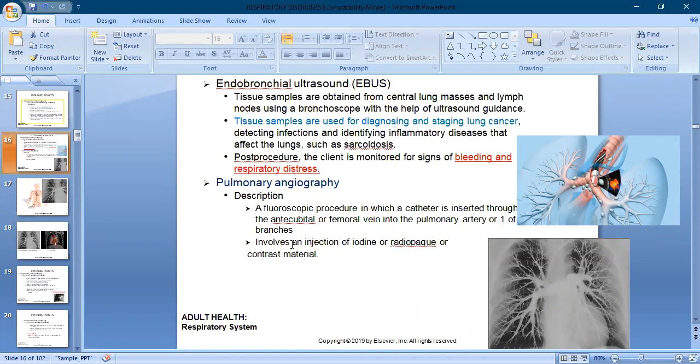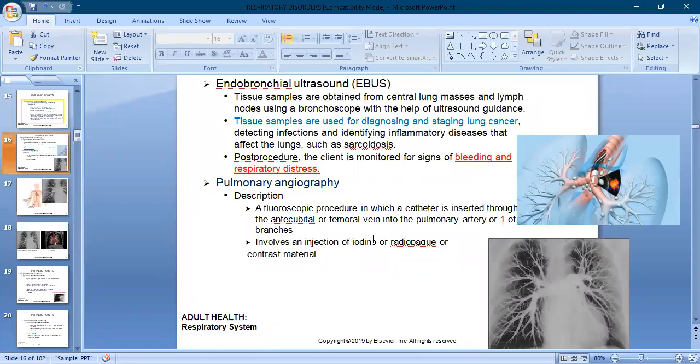It involves an injection of iodine or radiopaque or contrast media. So we have to know the patient does not have any allergic reaction to the iodine or contrast media, and their kidney function is normal. If the kidney is not normal, then contrast media is not good.